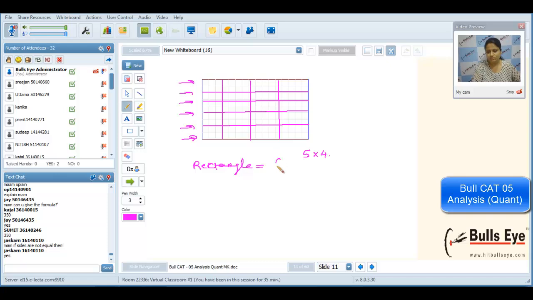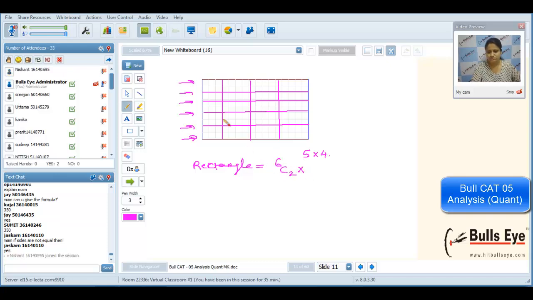We need any two, and that can be chosen in 6C2 ways. And how many vertical lines are there? 5. And it can be selected in 5C2 ways. That is the answer for rectangles. So counting rectangles is always easy. So the number of rectangles is 6C2 into 5C2. That is the answer in this case. Is it okay, Just Karan?